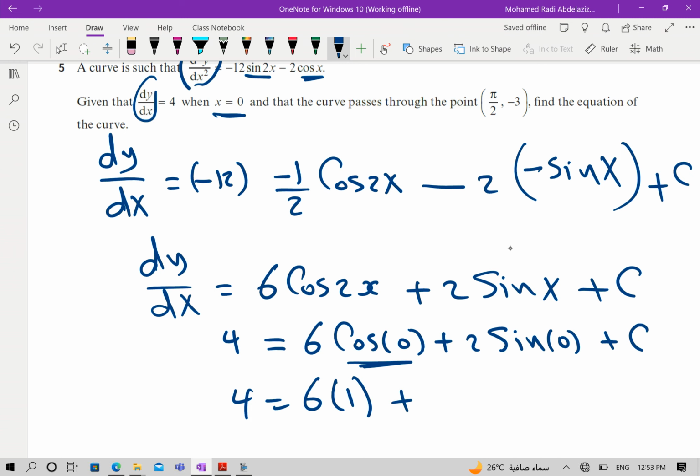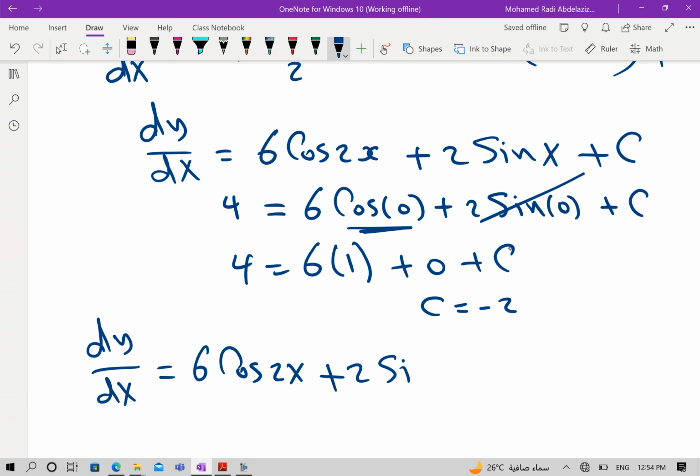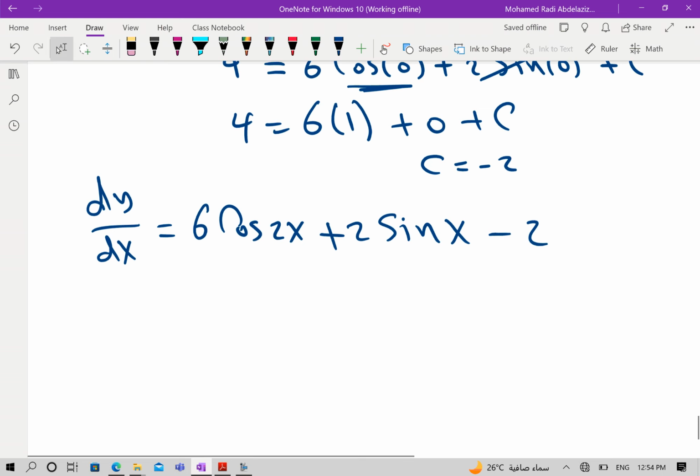Sine 0 is 0. So c equals what? Negative 2. Now dy by dx is 6 cosine 2x plus 2 sine x minus 2. Then we'll start to integrate again.